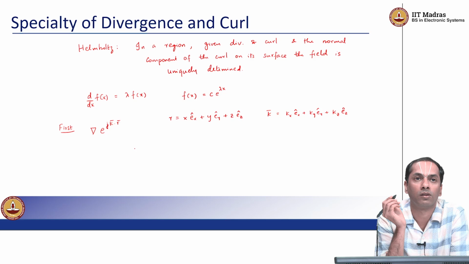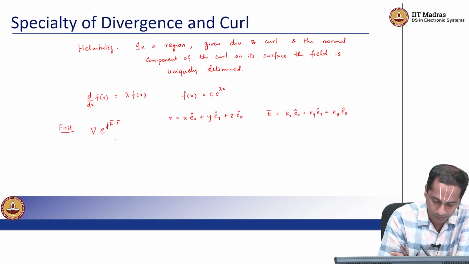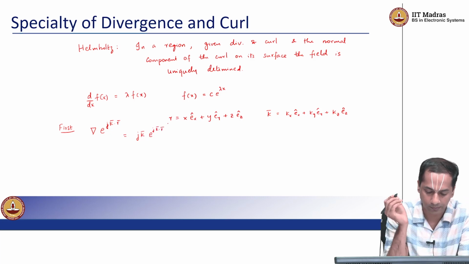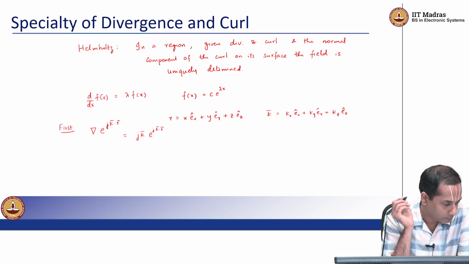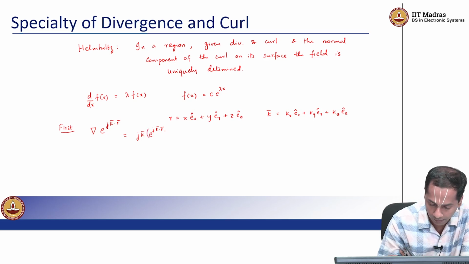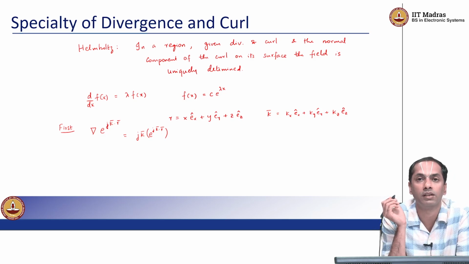So when the gradient operator operates on this scalar function e to the j k dot r, we simply notice that this becomes j k e to the j k dot r. So what can you say?